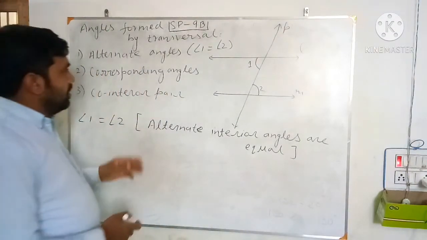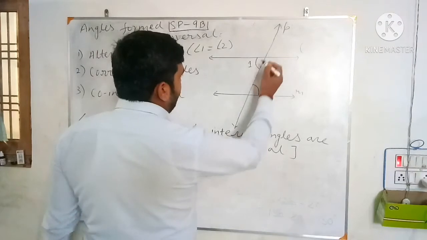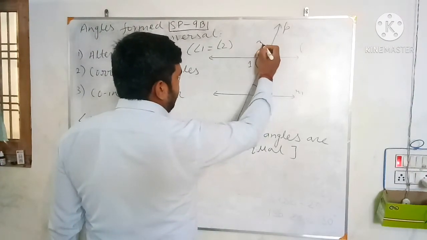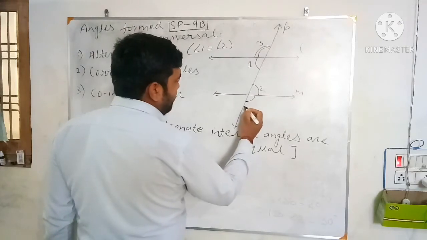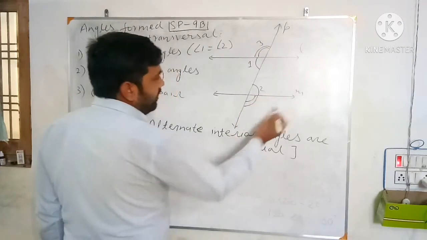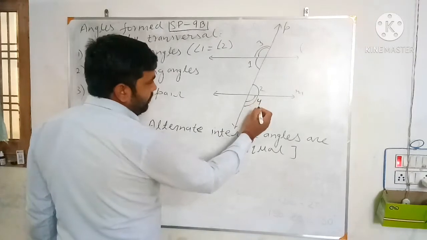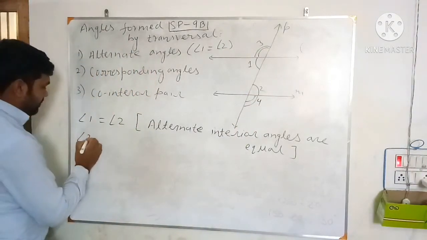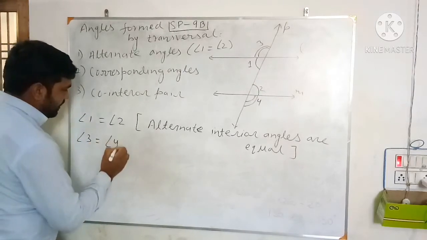Next, alternate exterior angles. One angle is on the exterior of the parallel line, suppose this is angle 3, and the other is on the right side, exterior to the parallel line M, that is angle 4. So angle 3 is equal to angle 4. Which pair?